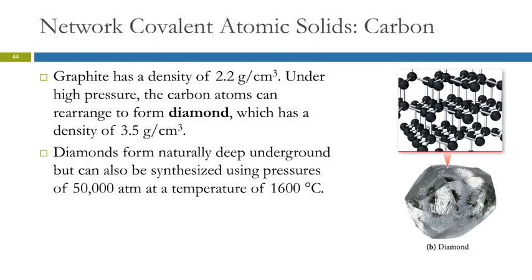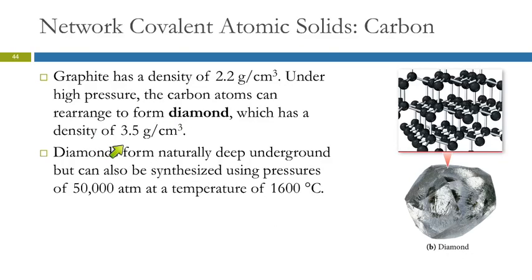If you take graphite and you squeeze it really, really hard, like 50,000 atmospheres hard at a temperature of about 1,600 degrees Celsius, like deep down inside the center of the Earth, you can cause the atoms to rearrange and form a more dense structure that we call diamond.